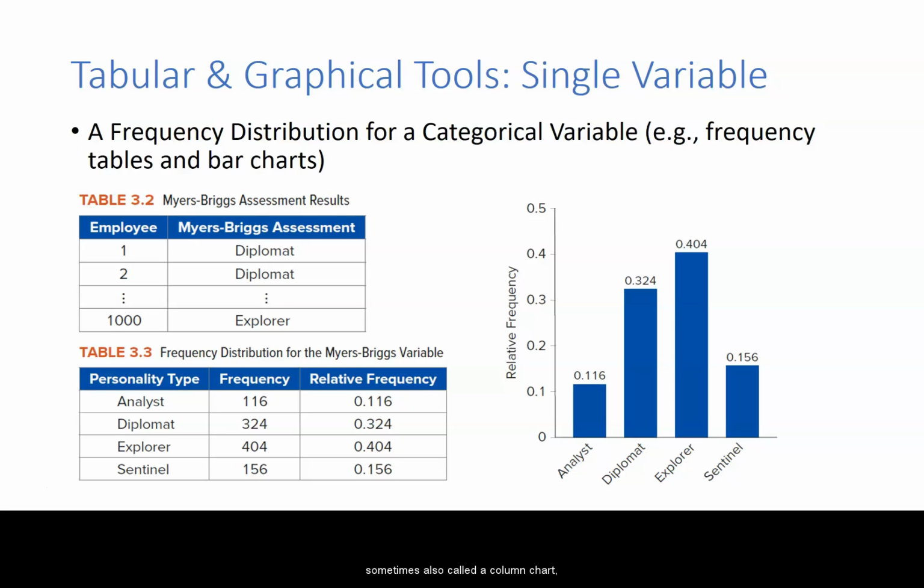The bar chart, sometimes also called a column chart, visually represents the data. The height of each bar is equal to the frequency of each personality type. The figure allows us to not only find out very quickly which personality types are the most frequent and the least frequent, but also the differences between all the personality types in terms of their frequency as well.